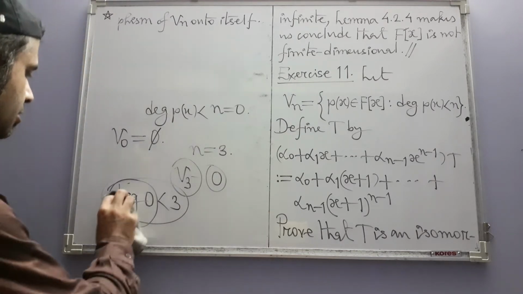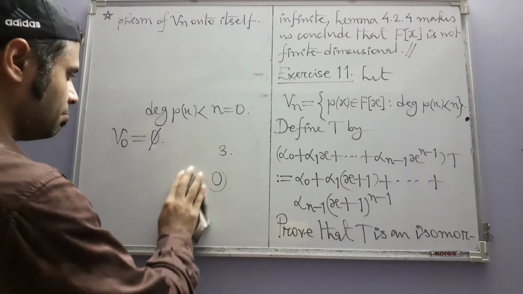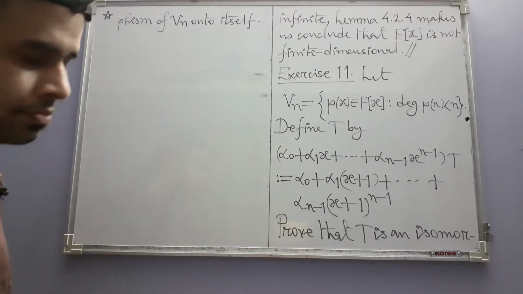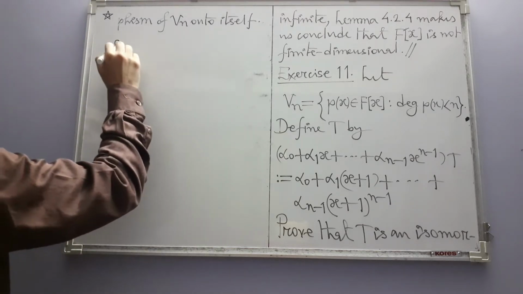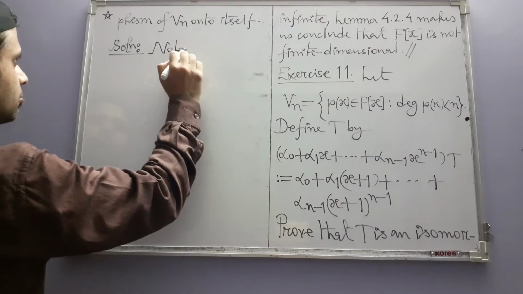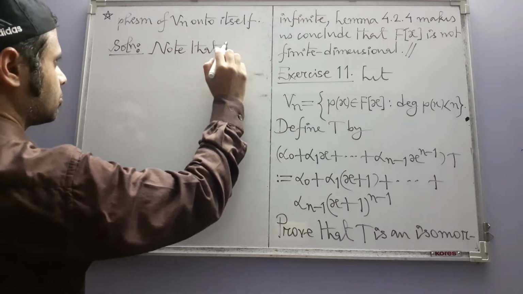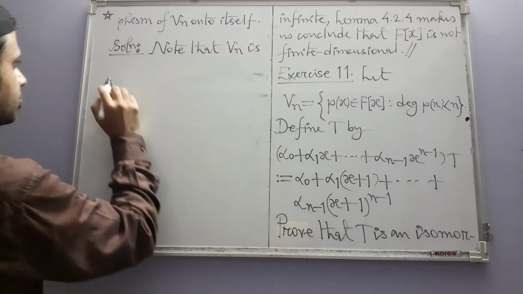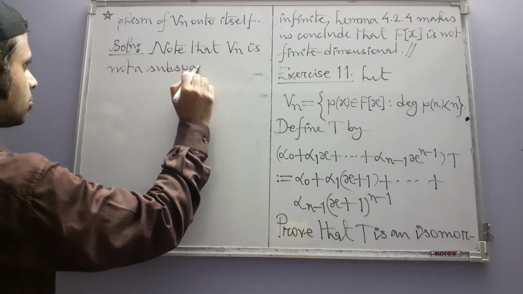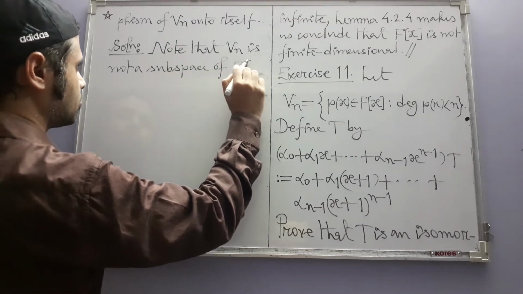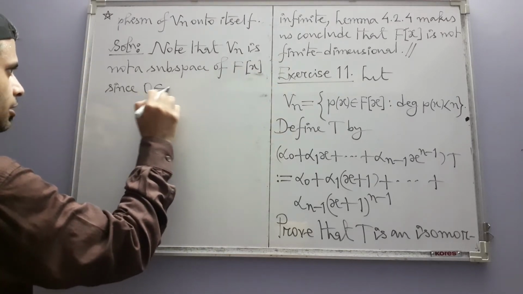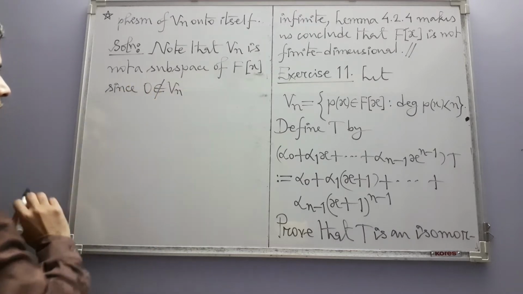In fact, we mentioned this also in the solution. We make the requisite modification to Vn, and then only we proceed. Note that Vn is not a subspace of F[x], since 0 does not belong to Vn.